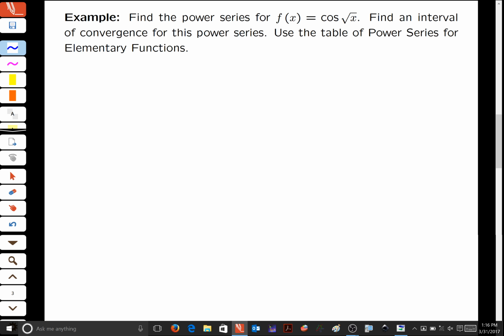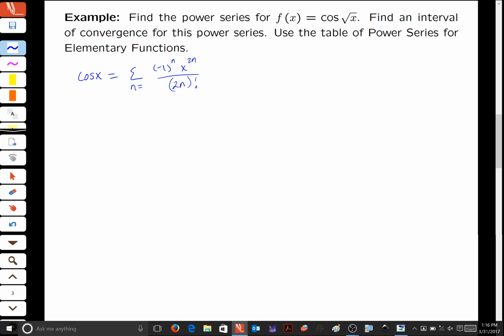Find the power series for the function f of x equals cosine of the square root of x. So let's look up cosine x. On our table, that's going to be minus 1 to the n, x to what power? 2n, over 2n factorial. n equals what?